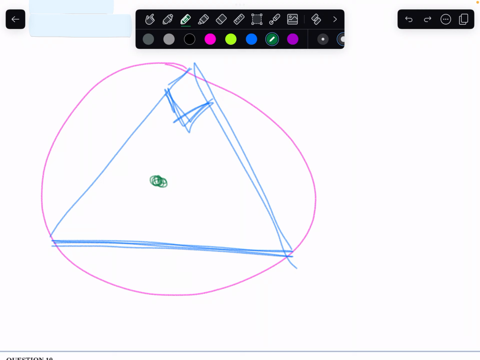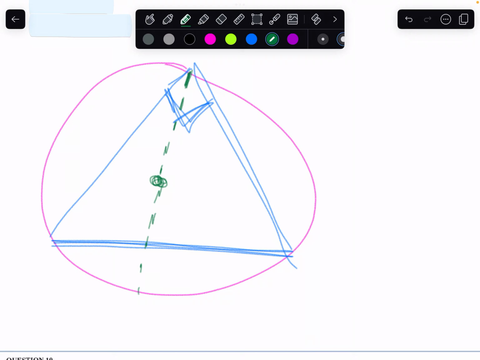Anyway, so inspired by the proof that you have to know, proving that the angle at the center of the circle is twice the angle subtended at the circumference, I am going to draw a line that starts at that vertex of the triangle and goes through the center of the circle.